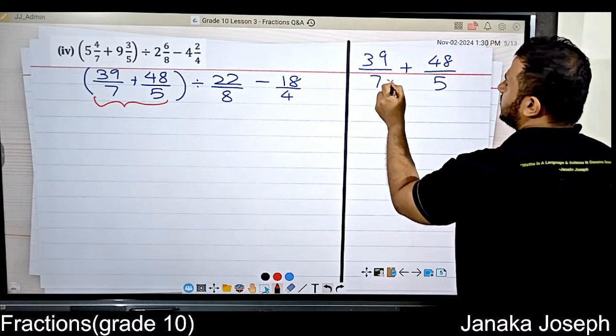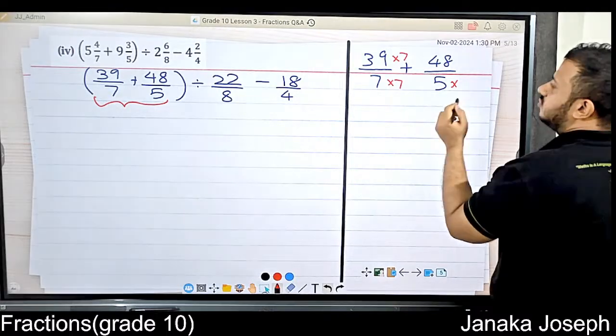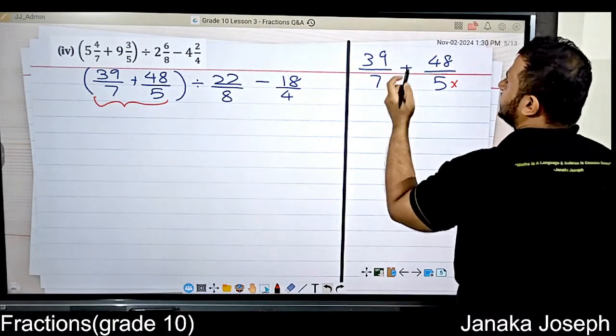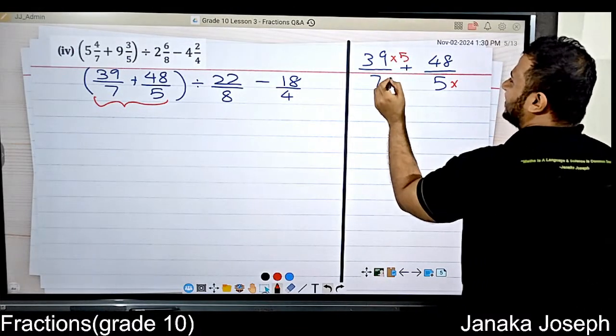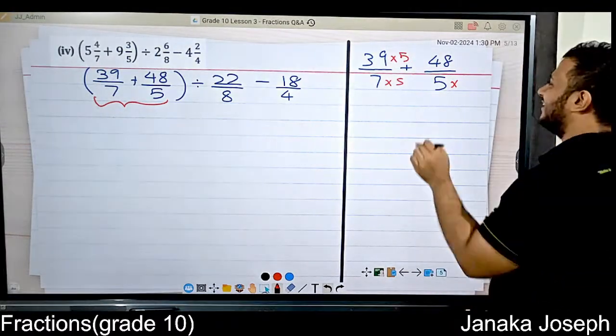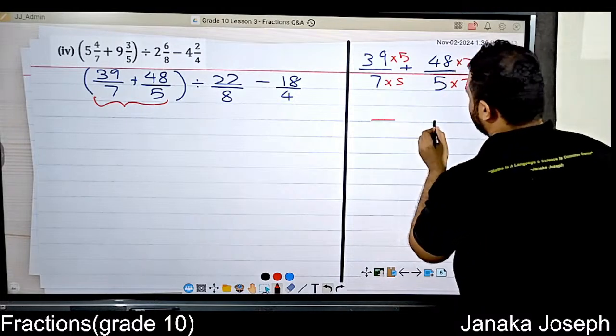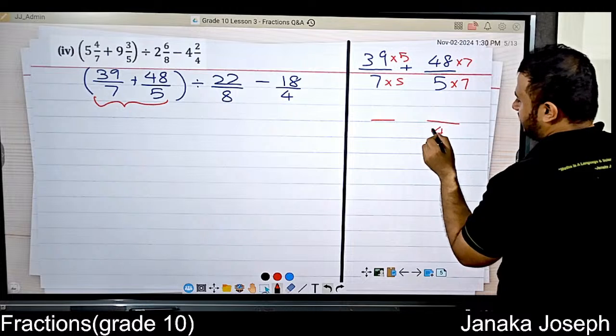Here I will multiply by 7. So up here multiply by 7. Oh, I made a mistake there. Multiply by 5 here. I wanted to make a 35, not a 49. Here I'm going to multiply by 7. So here and here will be 35.